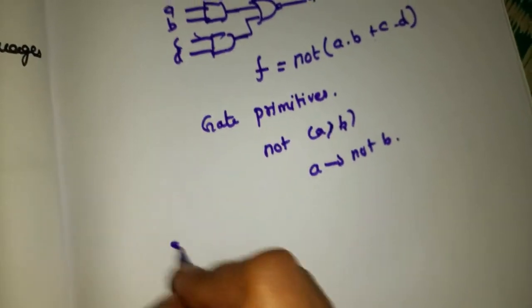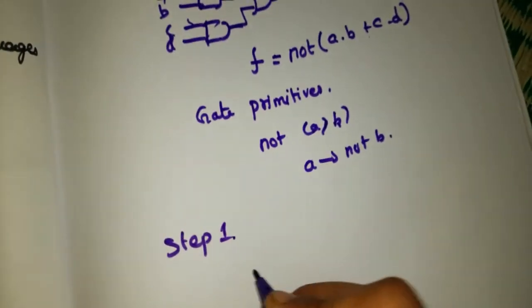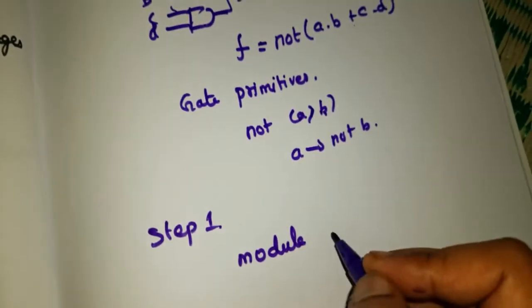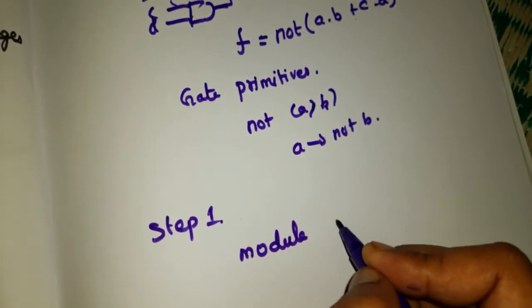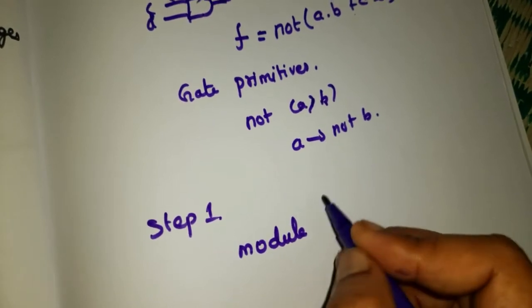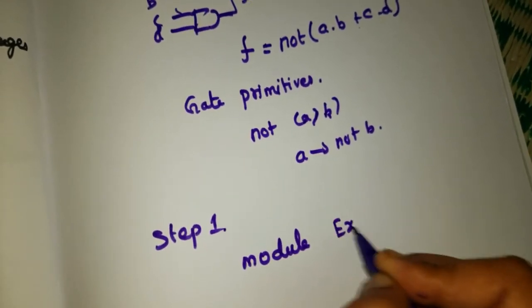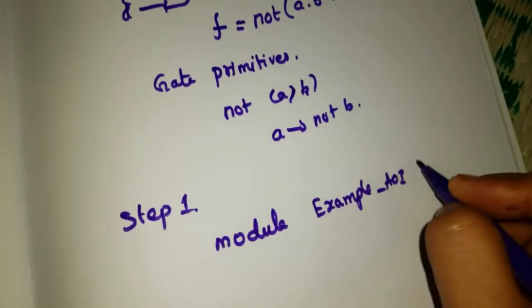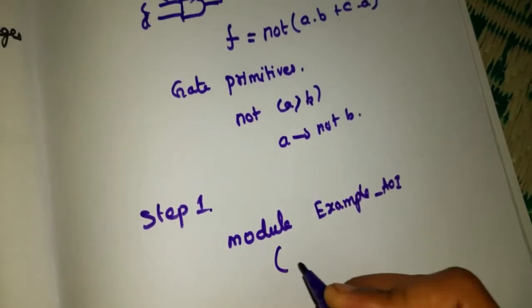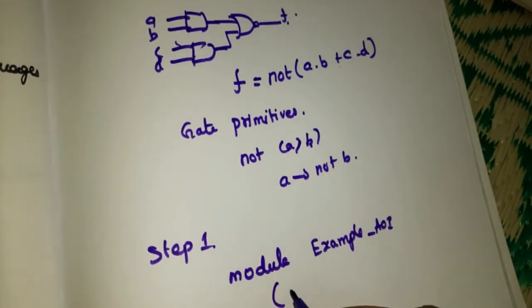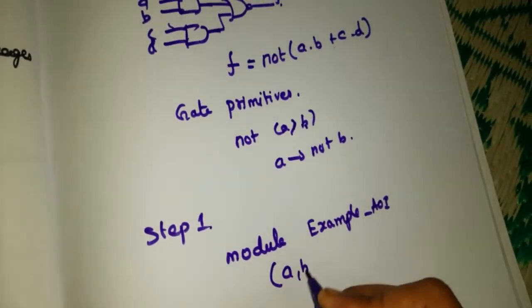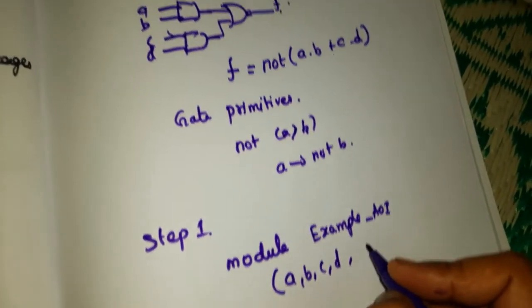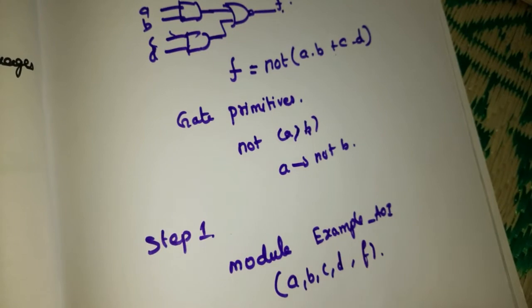First step, we have to define a module for this design, and we give one module name for this design. Here I gave the example AOI. In this module we have to declare the input and output ports: A, B, C, D are inputs and F is the output.